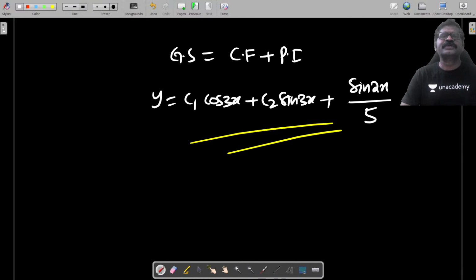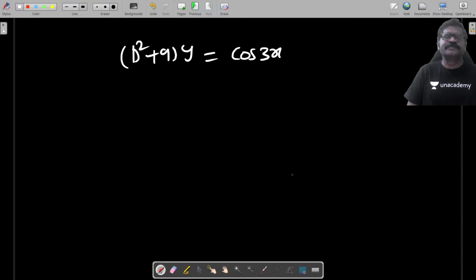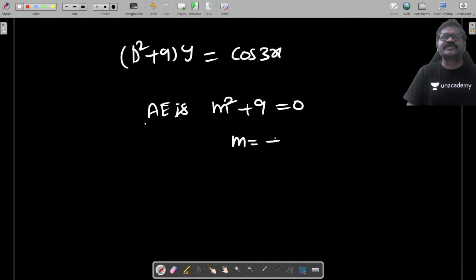Next example. (D square plus 9) of y equal to cos 3x. In this case, the auxiliary equation is m square plus 9 is 0, m is equal to plus or minus 3i.